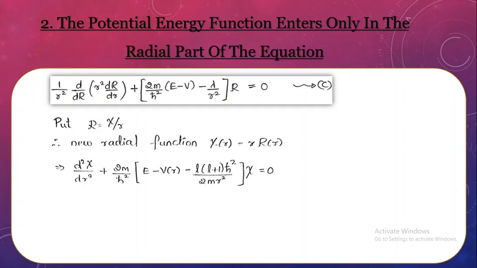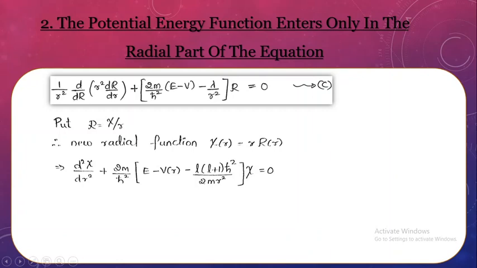that is the new radial function, in our Schrodinger equation, we get d square xi by dr square plus 2m by h cross square into E minus V of r minus l into l plus 1 into h cross square by 2 m r square into xi equal to 0.